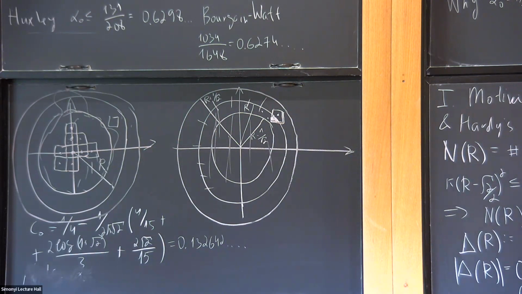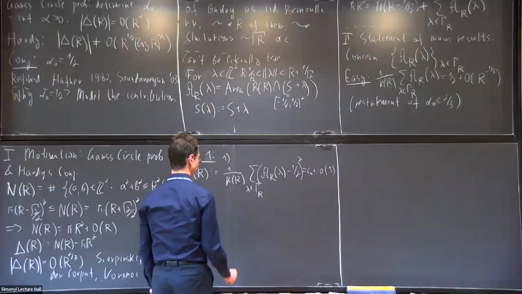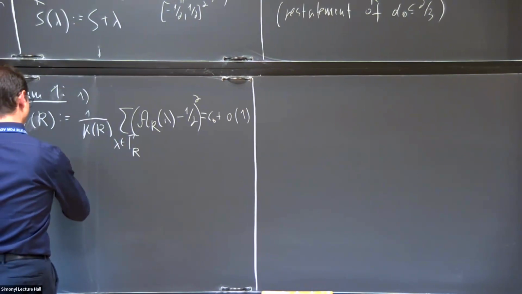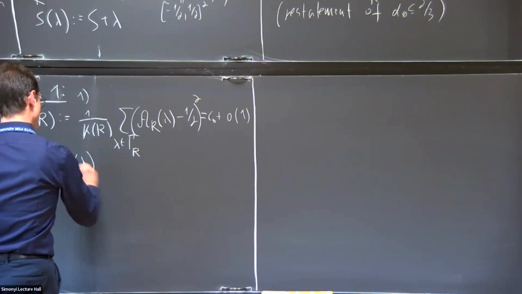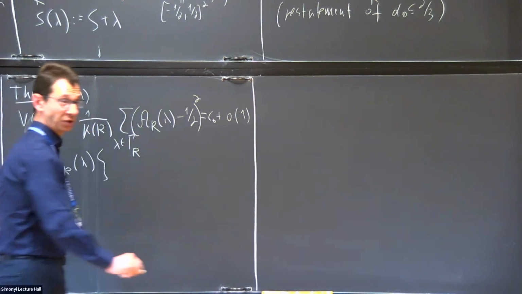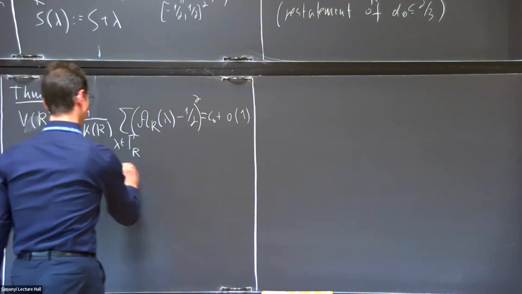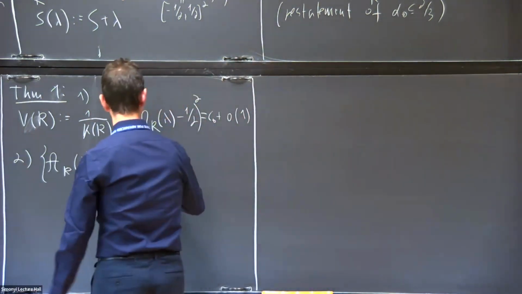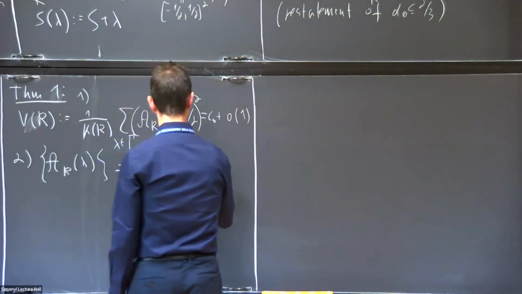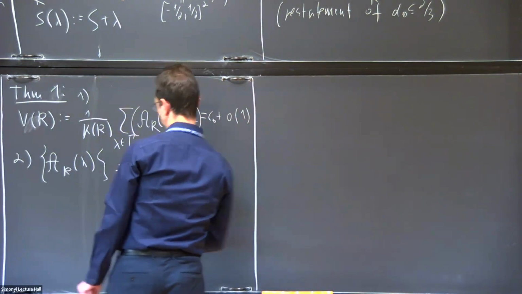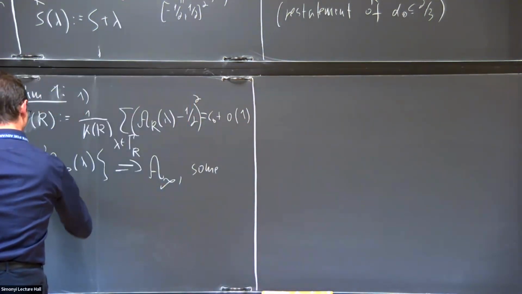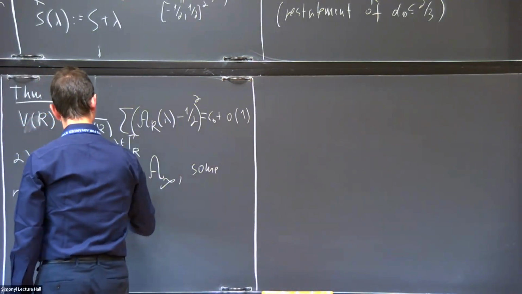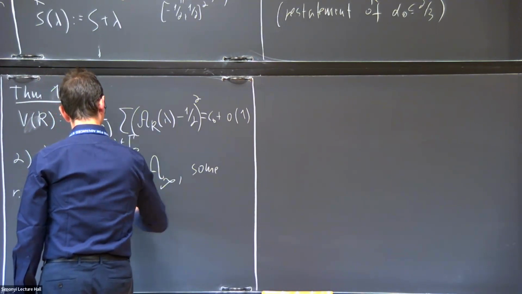Okay, and number 2 is that these numbers A R of lambda converge in distribution as a random variable to some random variable, which we call A infinity, which is a random variable supported on [-1, 1].